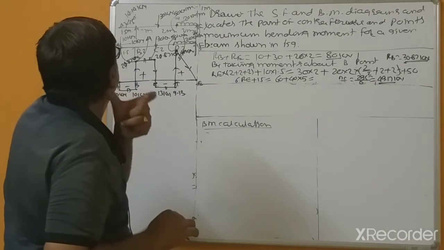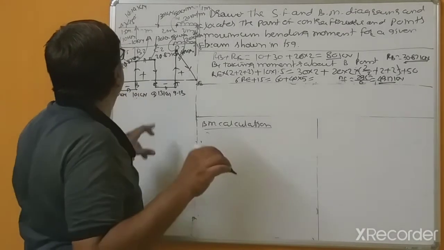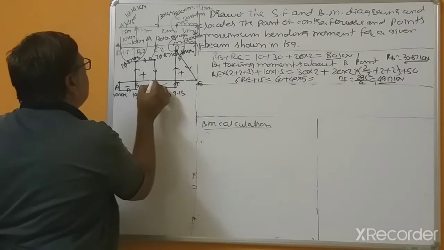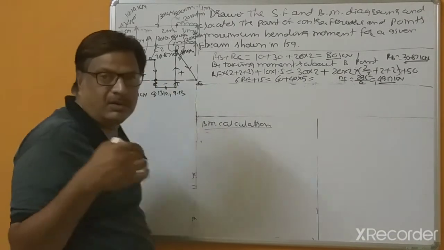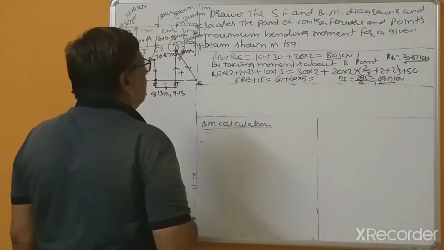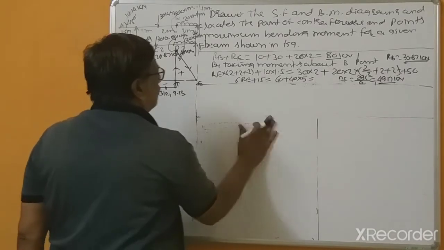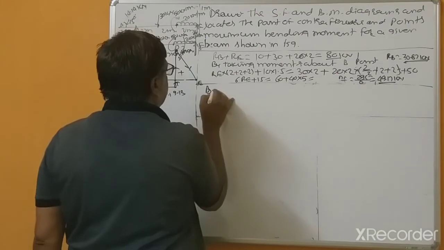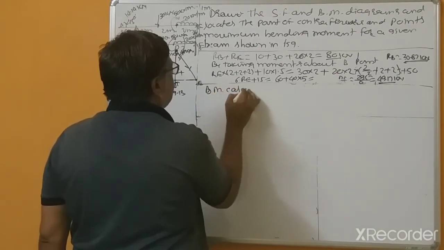So here shear force changes its sign at C point. So here this point you will get maximum bending moment. So that's why bending moment calculations.